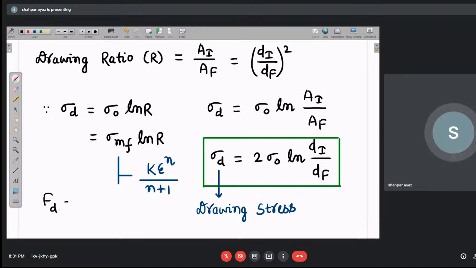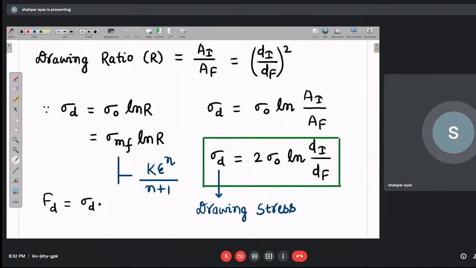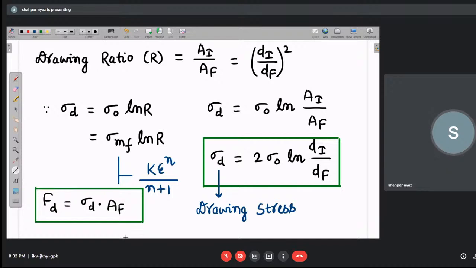It is your drawing stress into area. Which area? Final area, because you are applying force on the wire, on the final dimension. That's why, whenever calculating drawing force, always multiply with the final area, pi by 4 Df square. Okay, this is your drawing force. Note down, all of you. We can see 1, 2 problems on this.